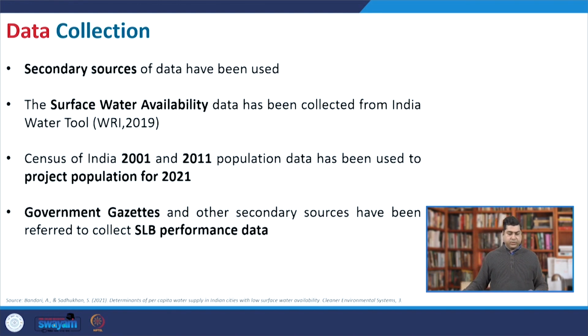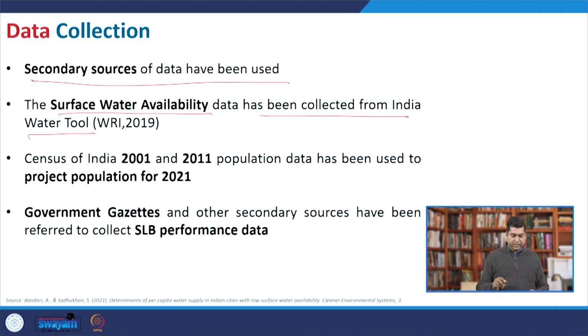For data collection, we used secondary sources. If you recall, this is early 2021, so it was COVID time, and we thought of utilizing secondary data to come up with the analysis. So we mostly relied on secondary sources of information. The surface water availability data was collected from India Water Tool 2019; they keep updating, so we took the latest data.